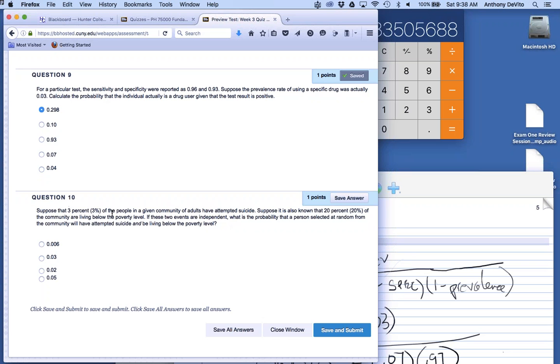Suppose that you got 3% of the population, right? 3% of the population has attempted suicide, and 20% of the population is below the poverty level.